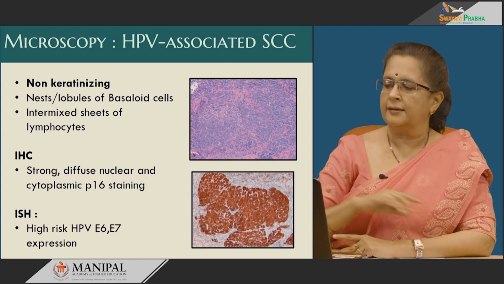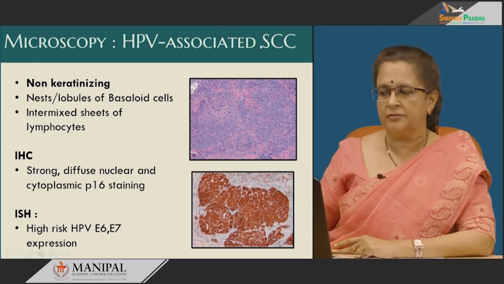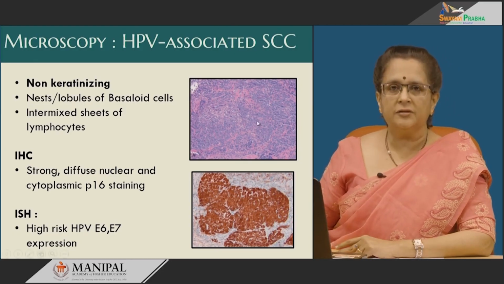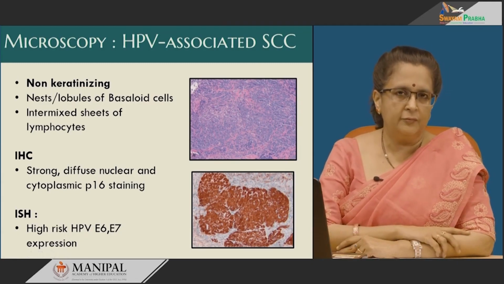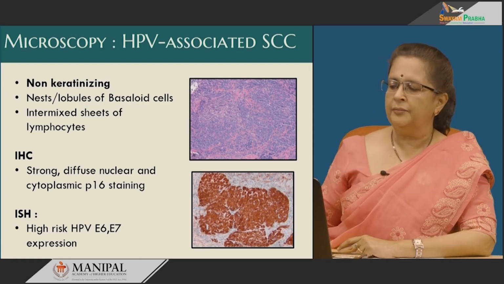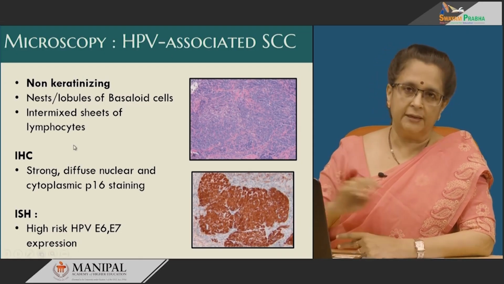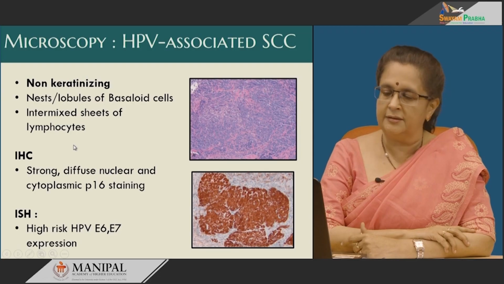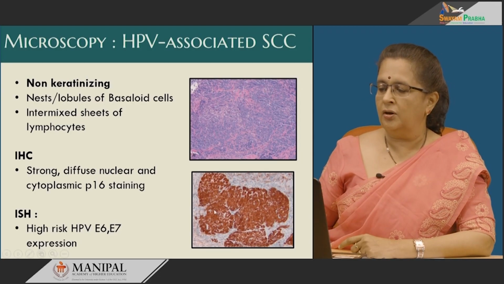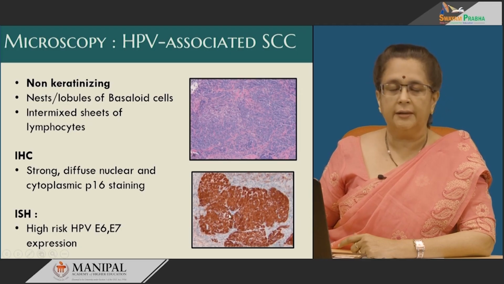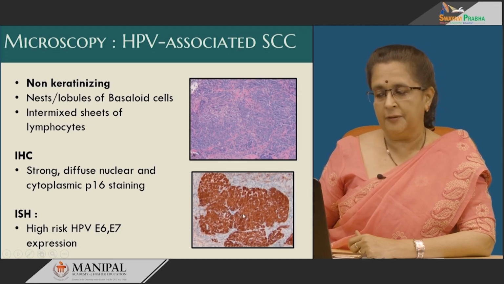Now, in this condition, that is HPV associated squamous cell carcinoma, these nests of malignant cells are in close approximation with lymphoid tissue, somewhat similar to what is normal in the tonsils. Now, when you do immunohistochemistry for a surrogate marker for HPV, that is p16, we will get diffuse strong positivity in the nuclei. But even the cytoplasm can also stain.